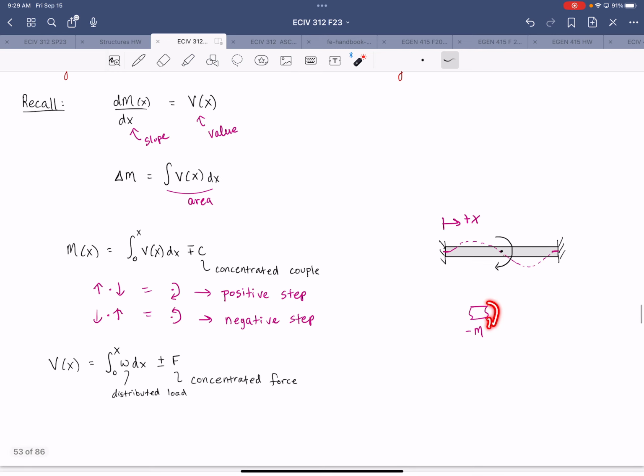Since we have clockwise on the right side of any point before we reach that moment, that's a negative M. Once we get to the other side, all right, now we have, we'll just say, here's that side, and then any other point over here. Now we have also a clockwise moment, but it's positive on the left side of a segment.